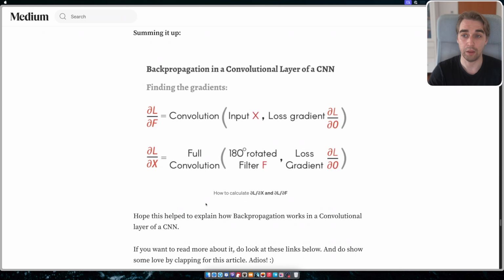And this is just two convolutions between more or less the same values. Instead of the convolution between the inputs and the filter, we have the convolution between input values and the loss gradient, and the full convolution between the rotated filter and the loss gradient itself. So it's still just one operation, the convolution.